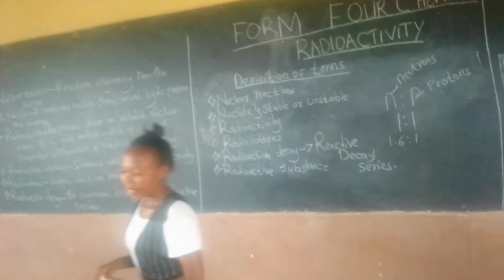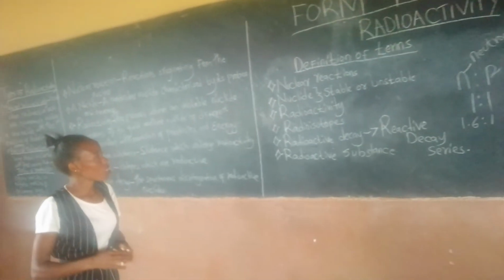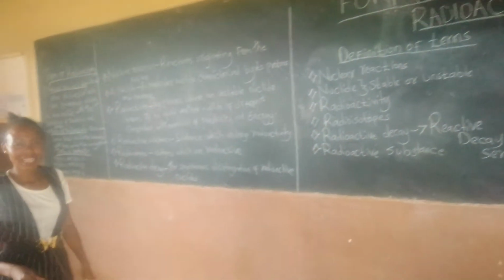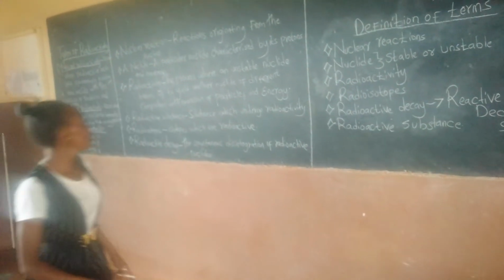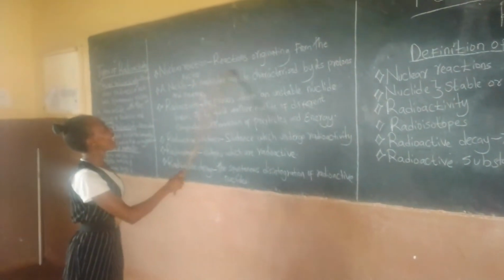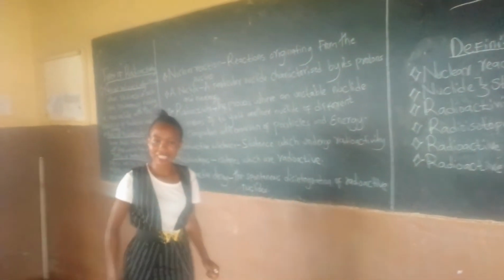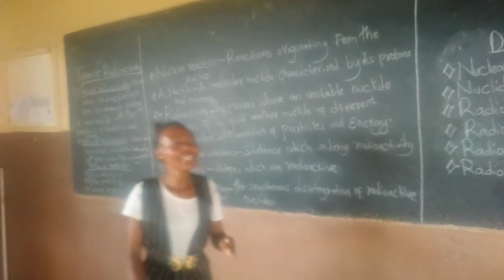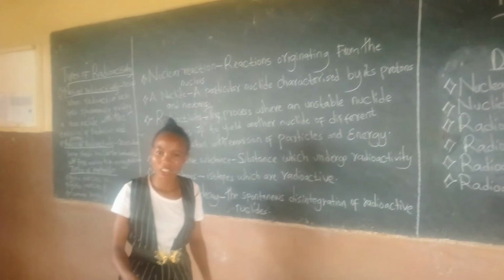So, like we have said those terms, what is a nuclear reaction? A nuclear reaction is a reaction originating from the nucleus. Any reaction that originates from the nucleus is referred to as a nuclear reaction.